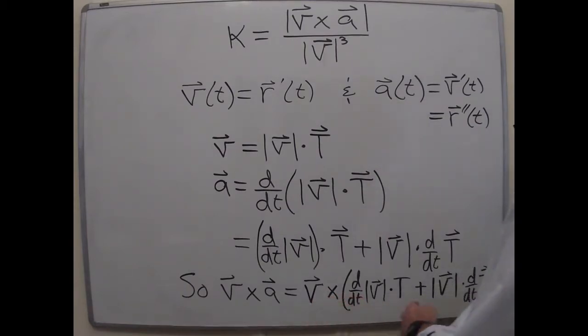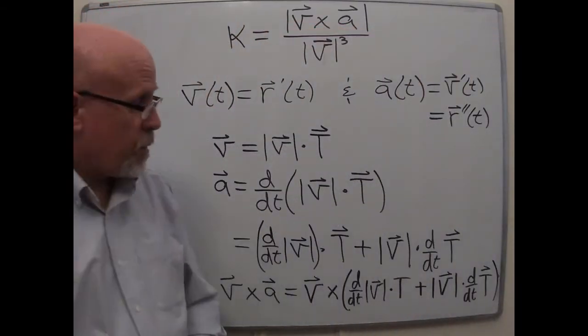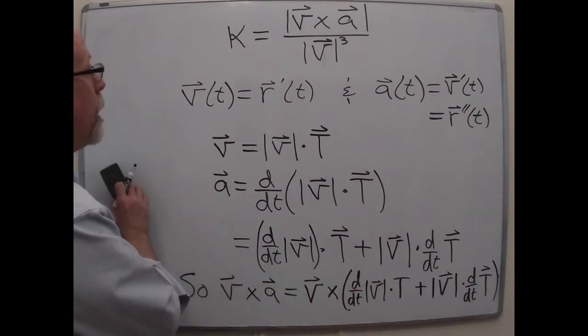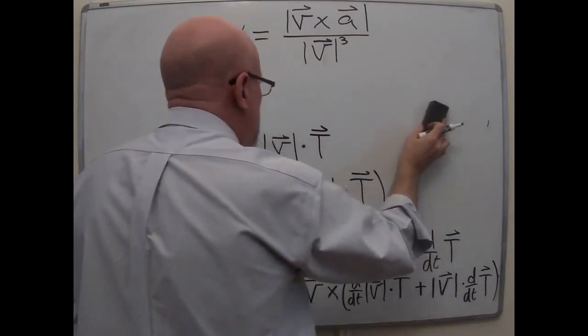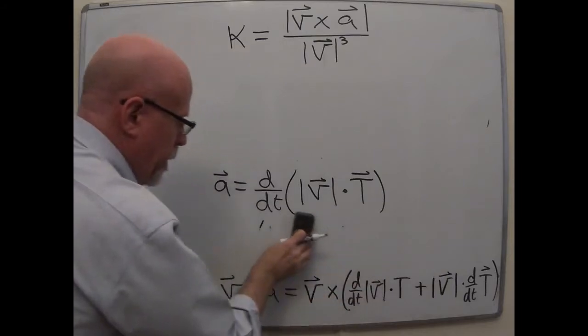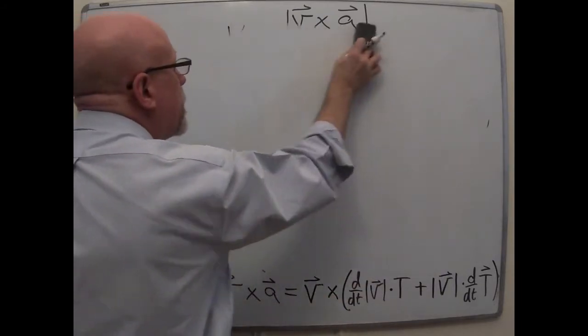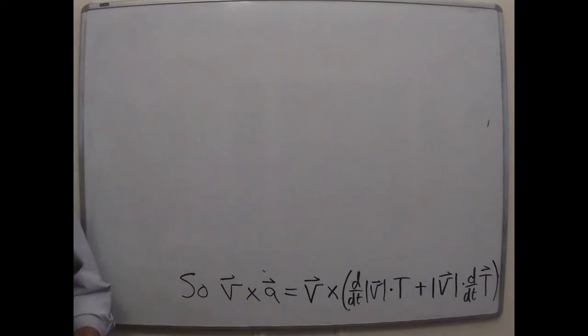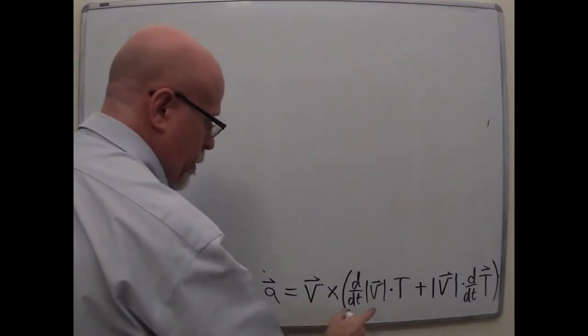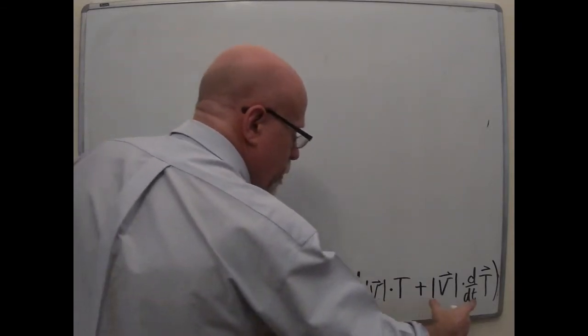So the vector v crossed with this thing, which is a sum. And one of the rules we've learned about how cross products work is that there's a distributive rule. I'm going to erase everything down to the last thing I wrote so that we can copy that in. All right. v cross a looks like that, so let's distribute. We'll have v crossed with this plus v crossed with that.